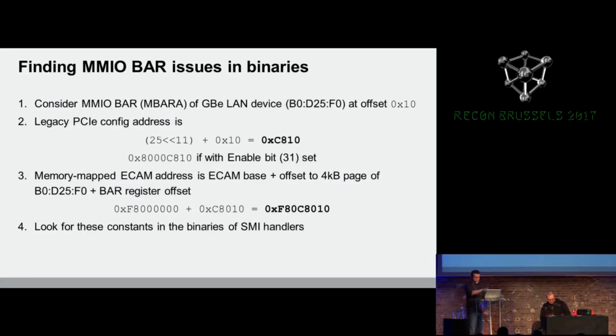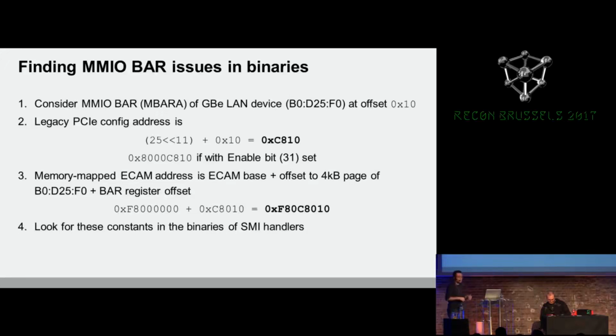But in this case, bus 0 and function 0. So we have an address of that register, which is pretty unique in a lot of cases when used with the legacy PCI config access mechanism. And when you set the enable bit for the PCI config cycle, which is bit 31, then you have 8 and C8 10 for this MMIO BAR of the GB LAN device.